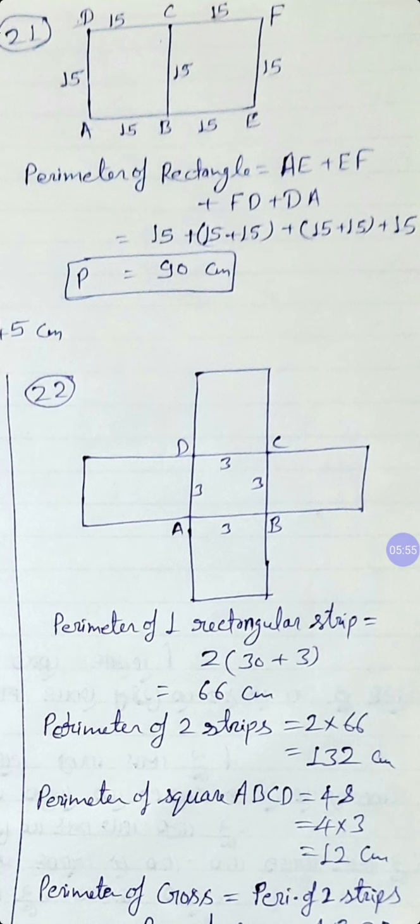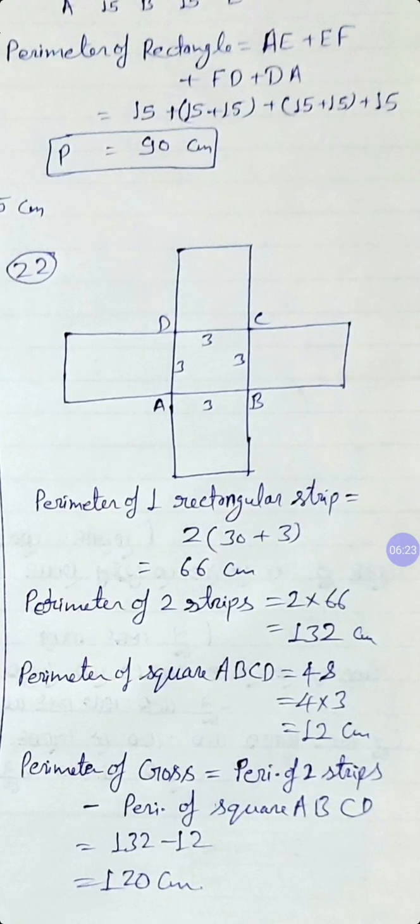Now listen, AE is 15 plus 15. Okay, EF is 15. FD will be 15 plus 15 and DA will be again 15. Okay, so P is 90 centimeter. Now this is our solution of question number 21.